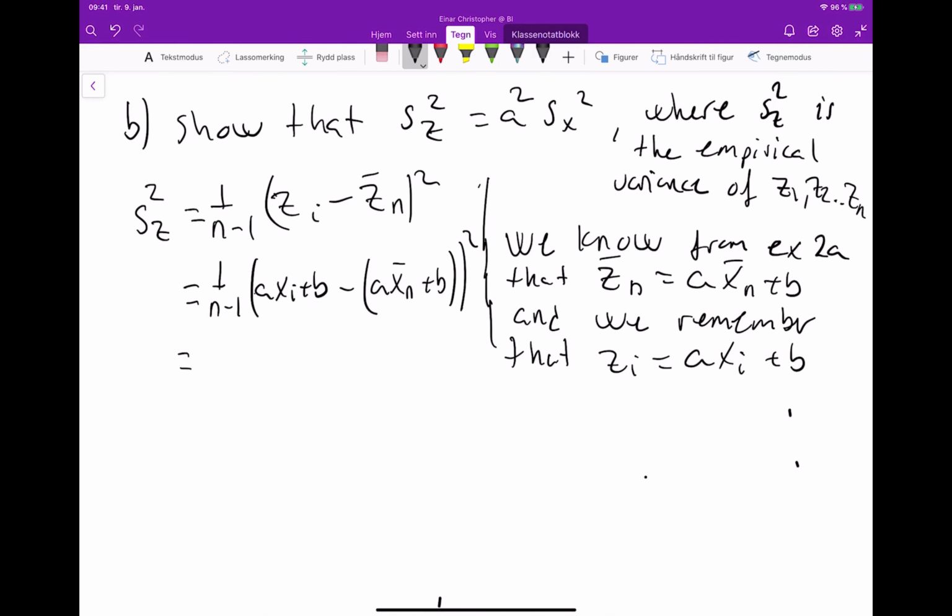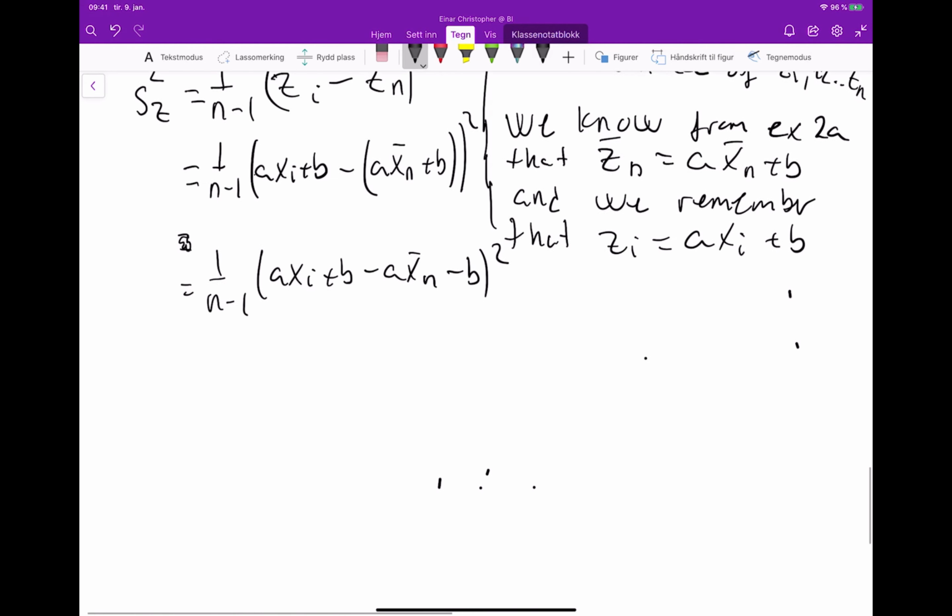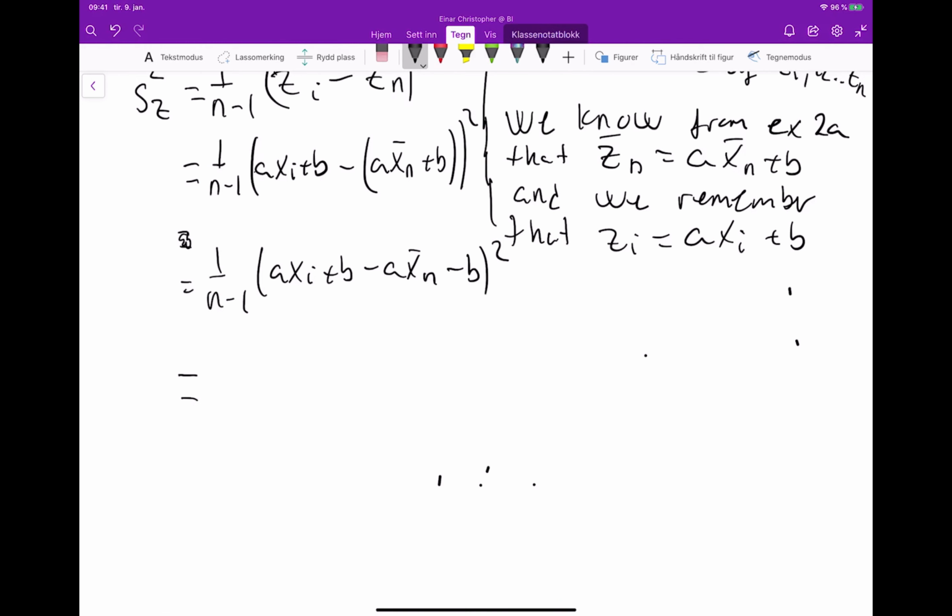And then we get 1 divided on n minus 1, A xi plus b minus A x bar n minus b in the power of 2. And then we see that the b's cancel out, such that what we got now is just 1 divided by n minus 1.